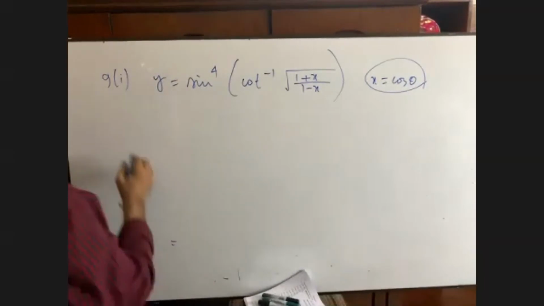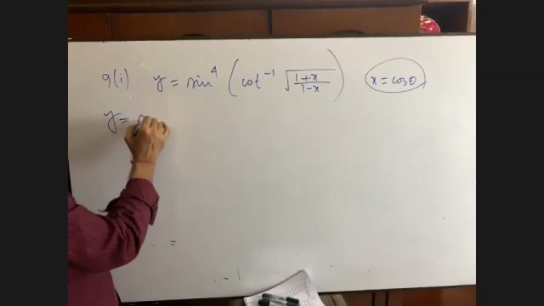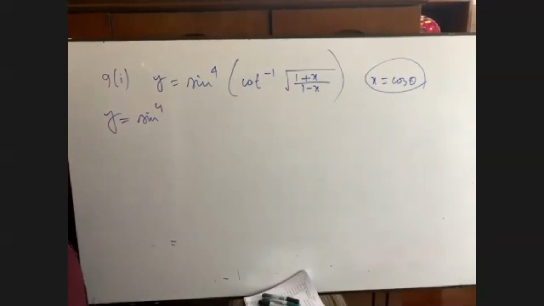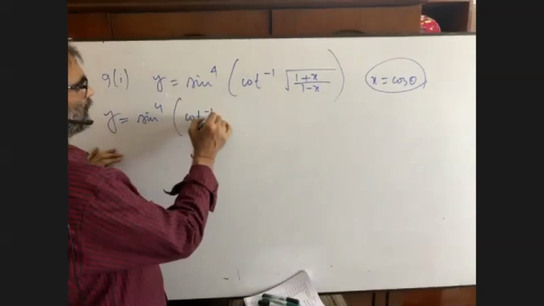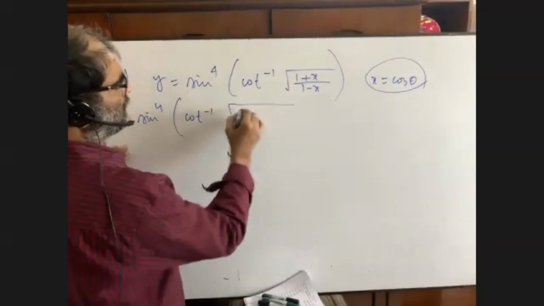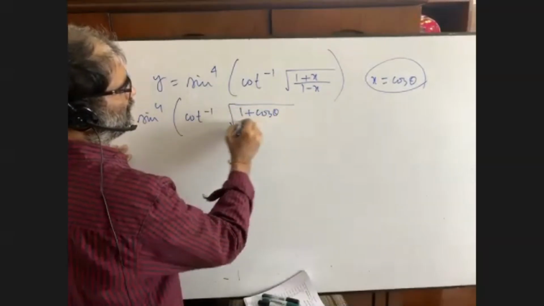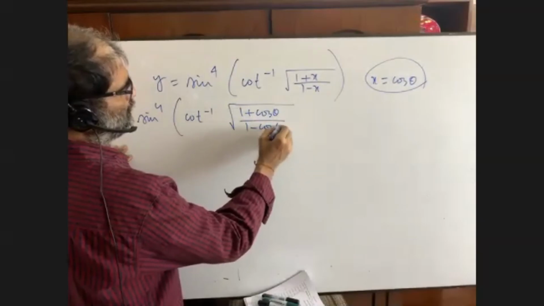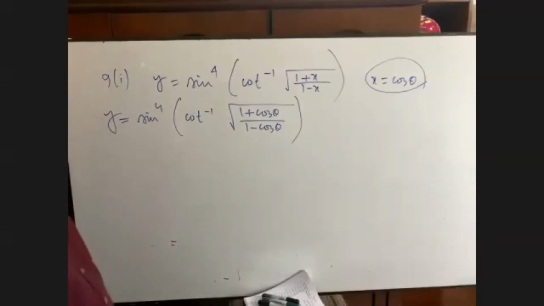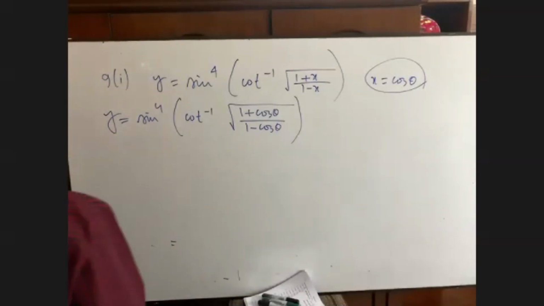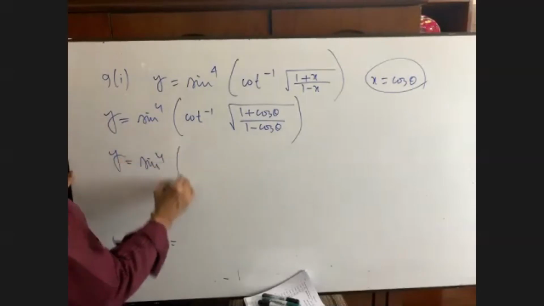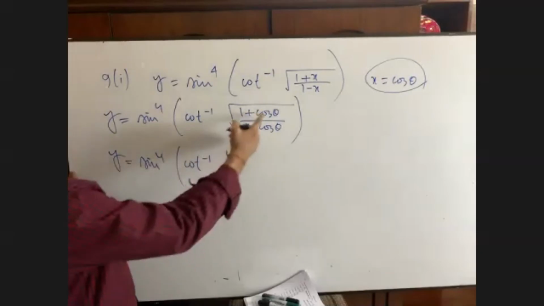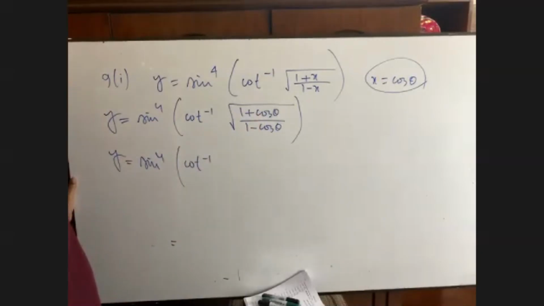So you carry on. y equals sine to the power 4, first bracket, cot inverse root over 1 plus cos theta by 1 minus cos theta. That means y equals sine to the power 4 cot inverse of root over 2 cos square theta by 2 upon 2 sin square theta by 2.